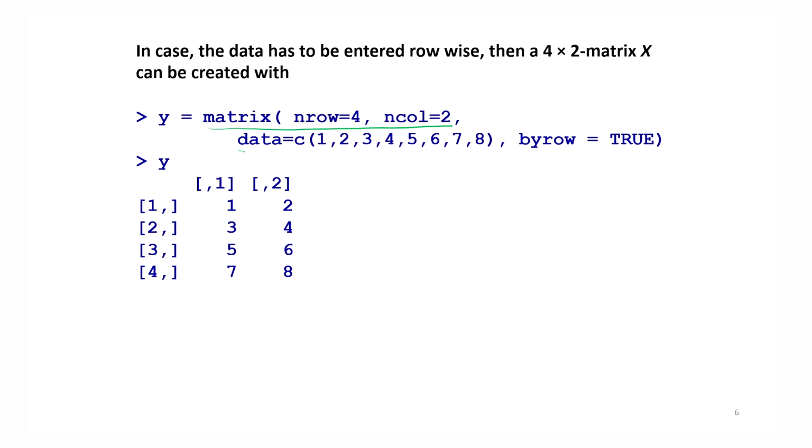So I am using the command matrix with nrow, ncol and data, but now I add one more parameter, byrow, and I write byrow is equal to TRUE, with TRUE in all uppercase letters. Actually, TRUE and FALSE are logical operators.